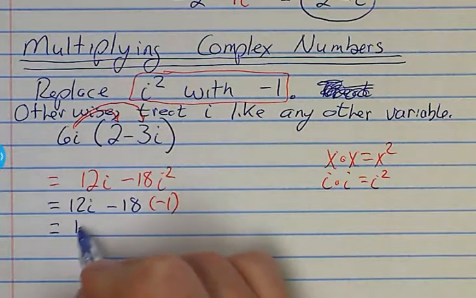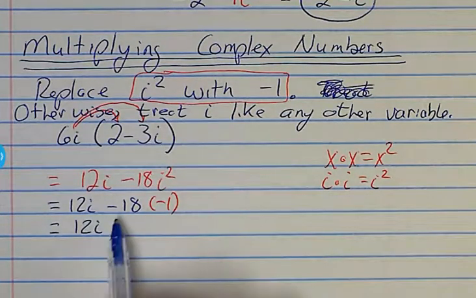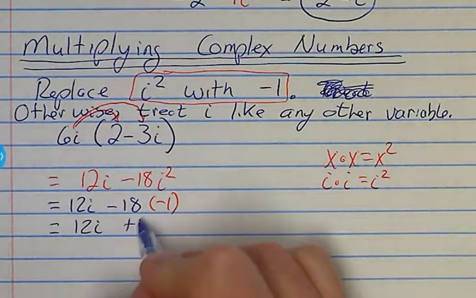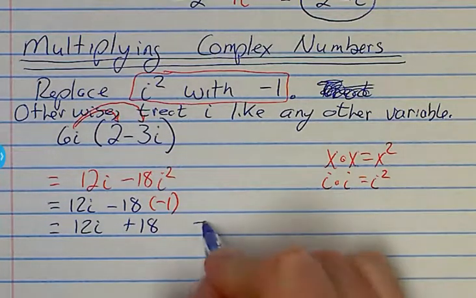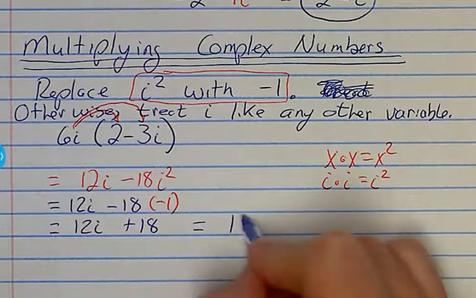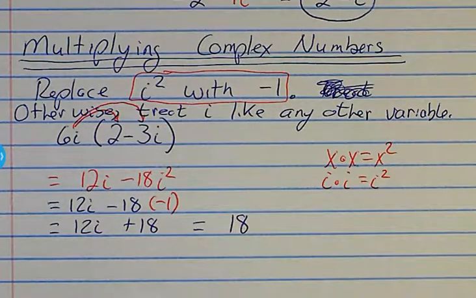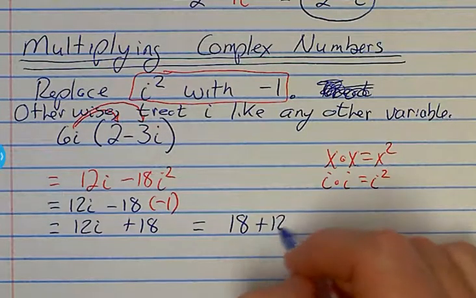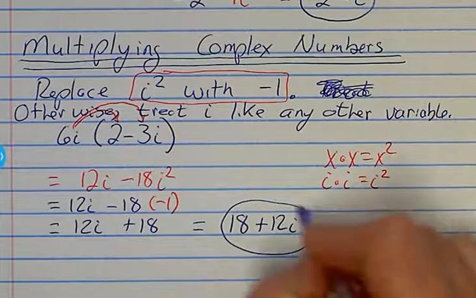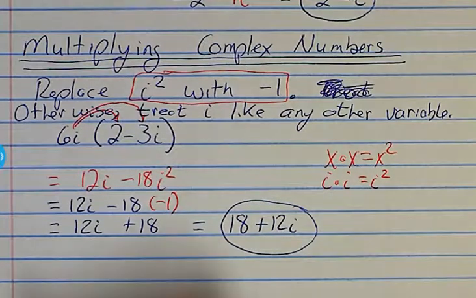So that makes it 12i. You do negative 18 times negative 1, that's going to be a positive 18. And that's an okay answer, but they're going to tell you to write the answer in complex form. So put the 18 first, and put the 12i at the end.